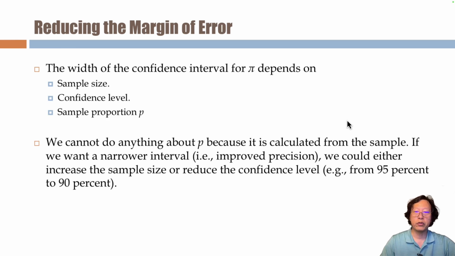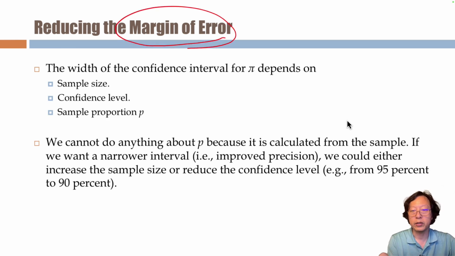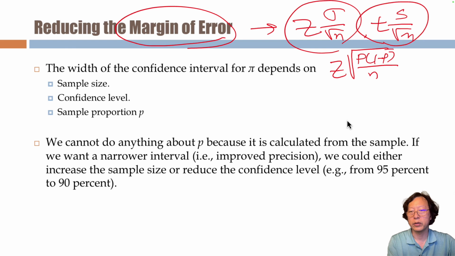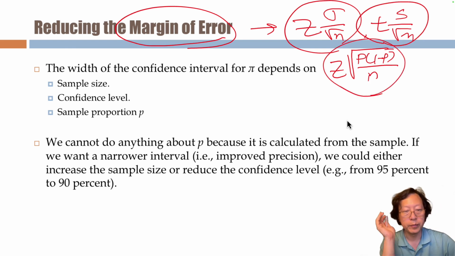If you want to reduce the margin of error, but again, this is what we call the margin of error, t times s over square root of n, or z times square root of p times 1 minus p over n, right? So this is the margin of error. It is how much plus minus from the mean.